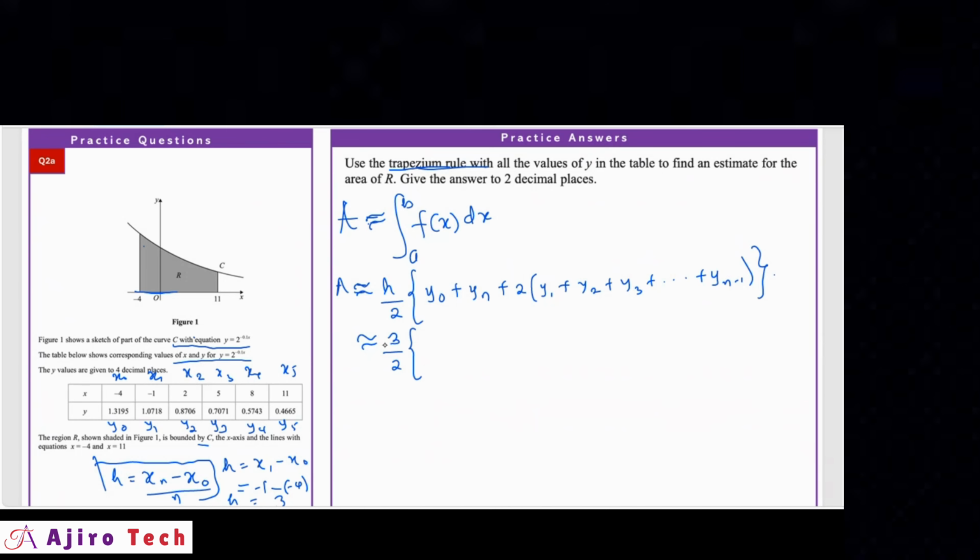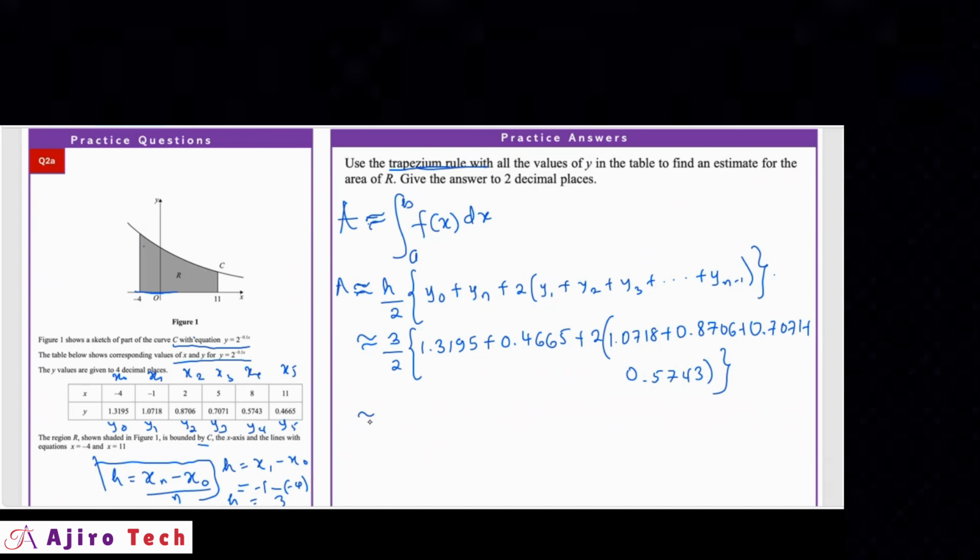Our y naught is 1.3195, then our yn, which is the last ordinate, is 0.4665, plus 2 into the remaining ordinates, the sum of all of them: 1.0718 plus 0.8706 plus 0.7071 plus 0.5745. So that's the remaining ordinates we have.